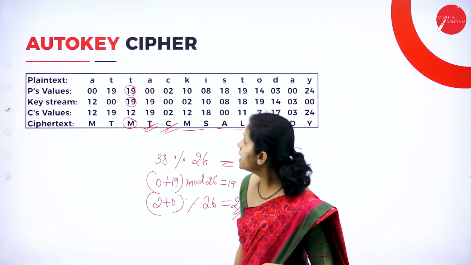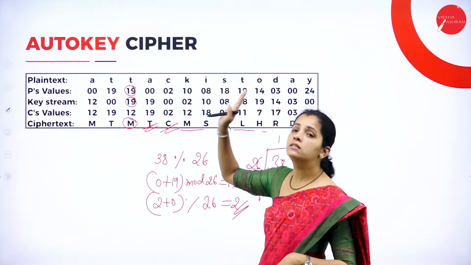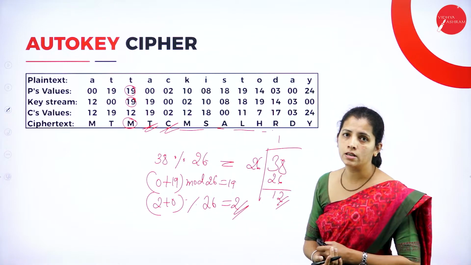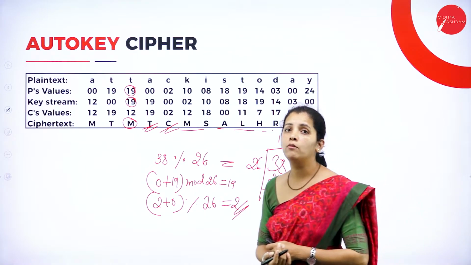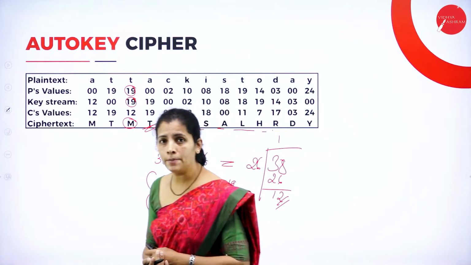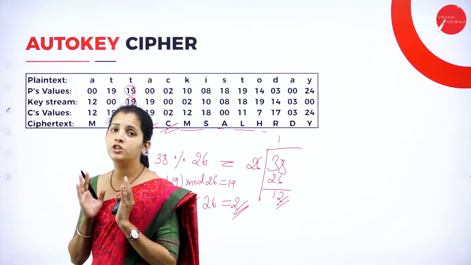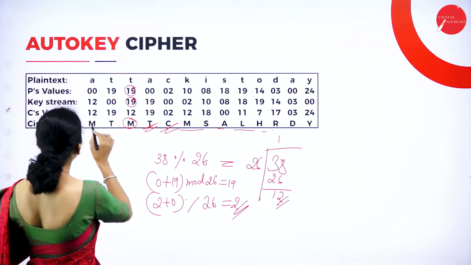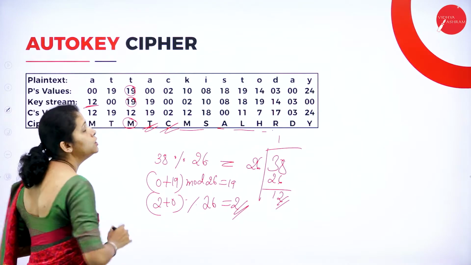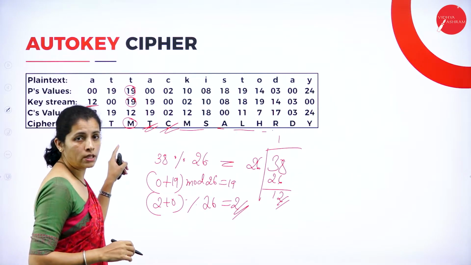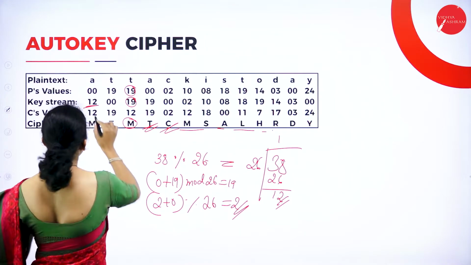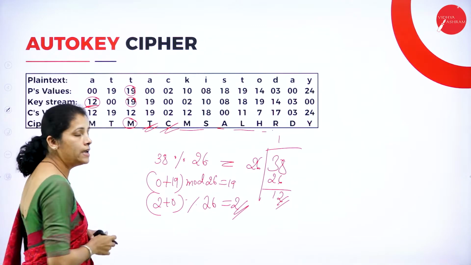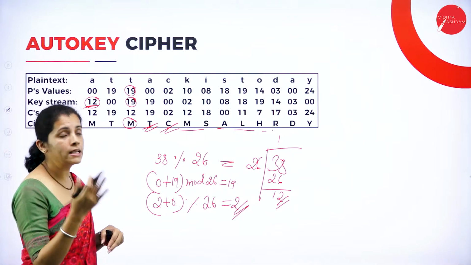So this is the way the auto key cipher is going to work. First, what I want to do? I want to consider a key, and this key must be shared between sender as well as receiver, and I'm going to place that key at the location 0. That means at the first location I'm going to place that key. And what is my next key?